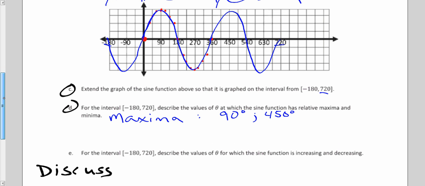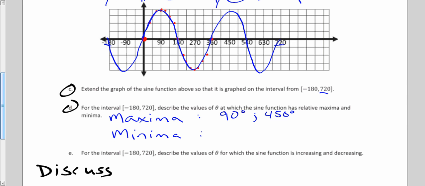And then for minimums, minima, what values of theta for the minima? What do you think, Nick? Minima, what values? 0 is a minimum?